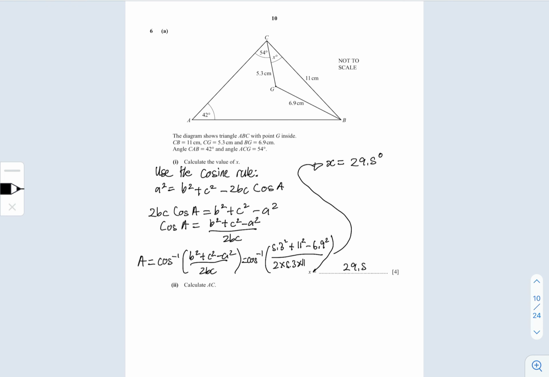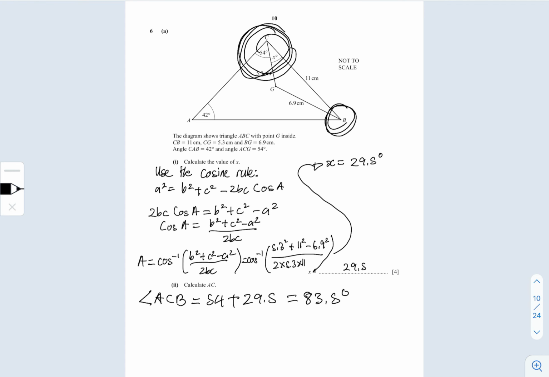Using the information from the previous calculation, angle ACB, which is this one here, equals 54 plus x, which is 29.5. This gives you 83.5 degrees. Now that you know this angle, you can work out this angle here.